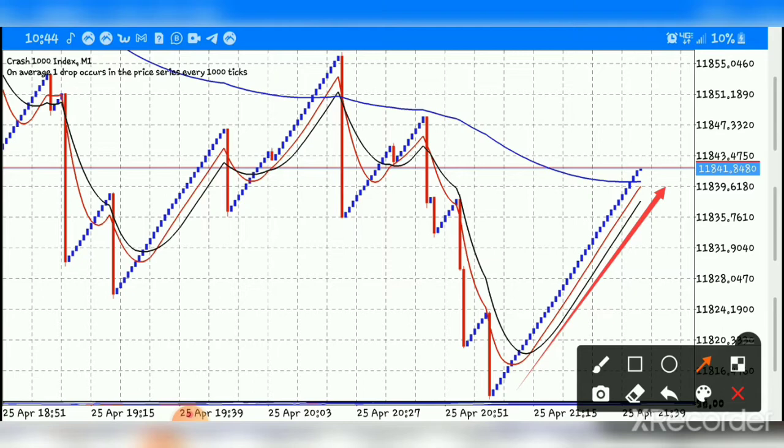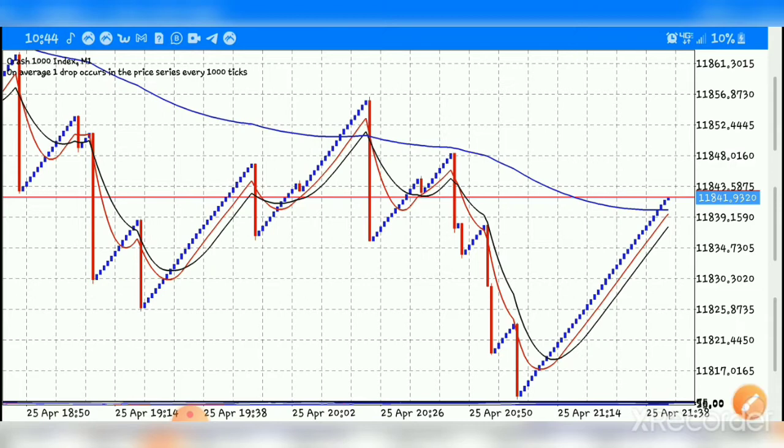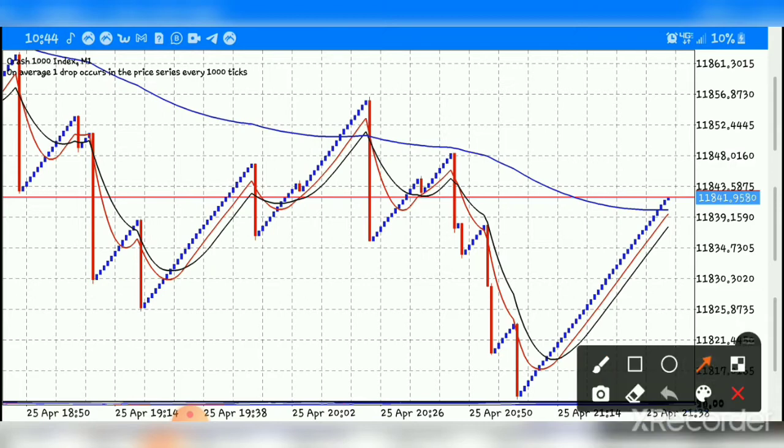You can see how the candle moves little by little, but you can see all these red ones here. They are all called spikes. These things happen within seconds. This is what makes crash 1000, boom 1000, crash 500 and boom 500 different, because of these spikes.